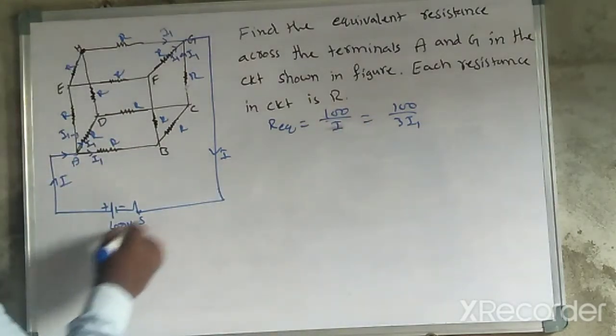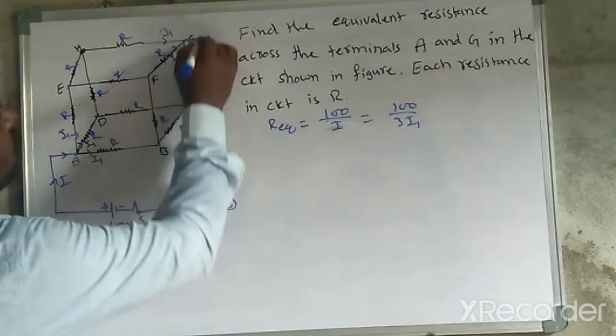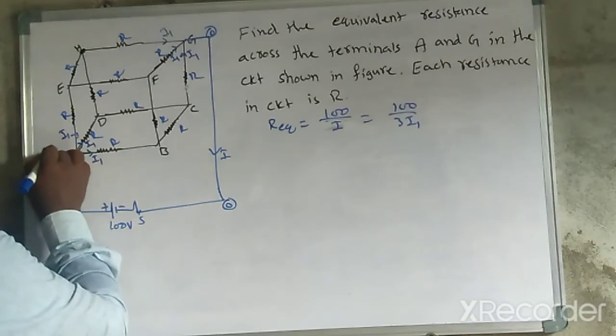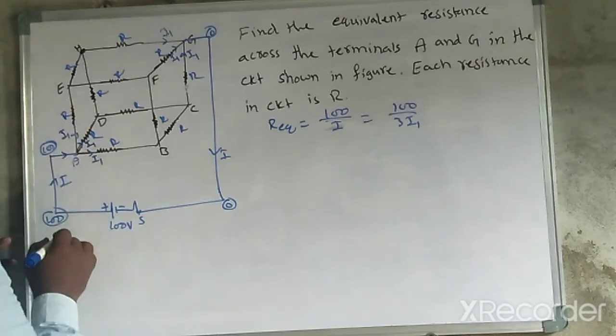Let us consider the negative terminal potential as 0, and the positive terminal as 100.